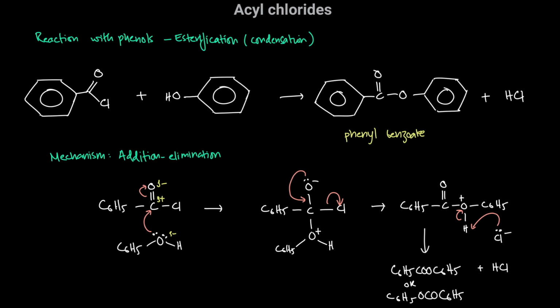Now usually with phenols, because they're relatively less reactive when compared to alcohols, if we want to make an ester by reacting phenol with acyl chlorides, we usually do it in alkaline conditions.